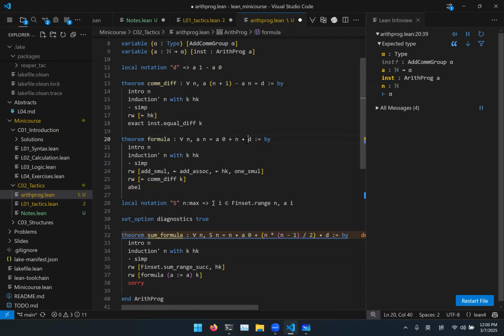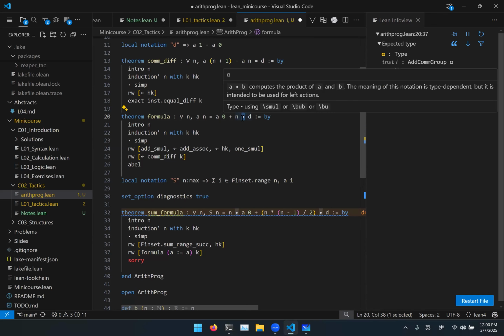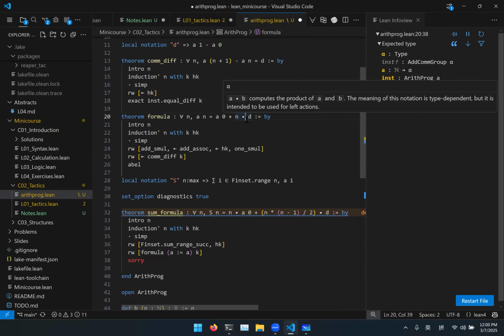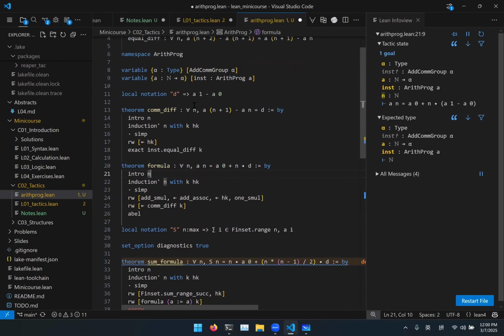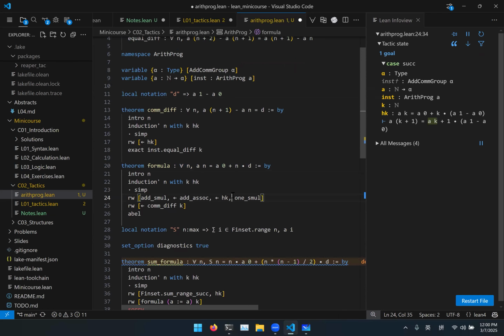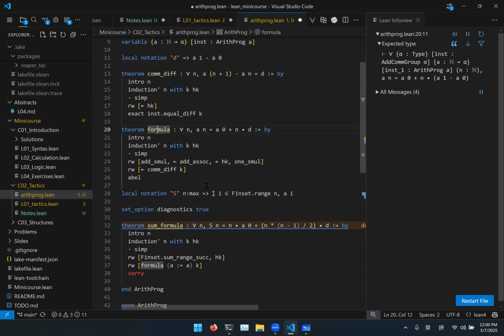So in this case, we will not have multiplication, but addition. So this operation just means n copies of addition. If you have a ring or a field, this operation just equals multiplication. So now we can use our definition and notation to very neatly prove our general formula for arithmetic progression.